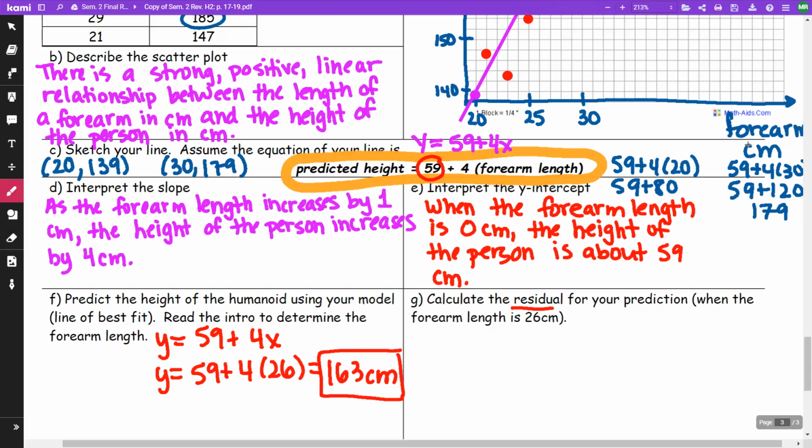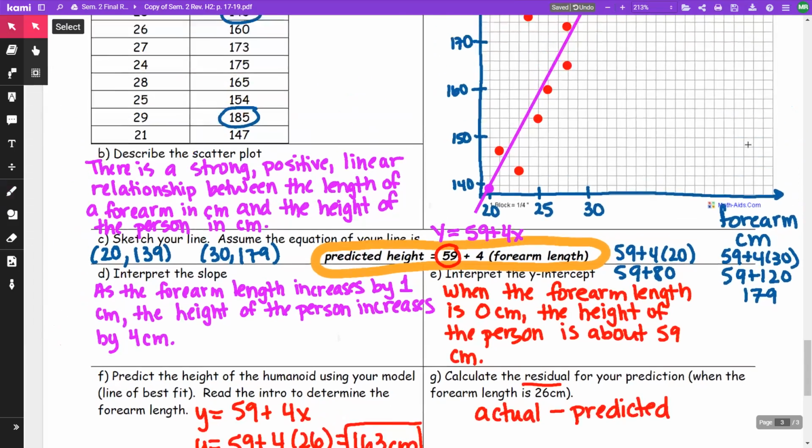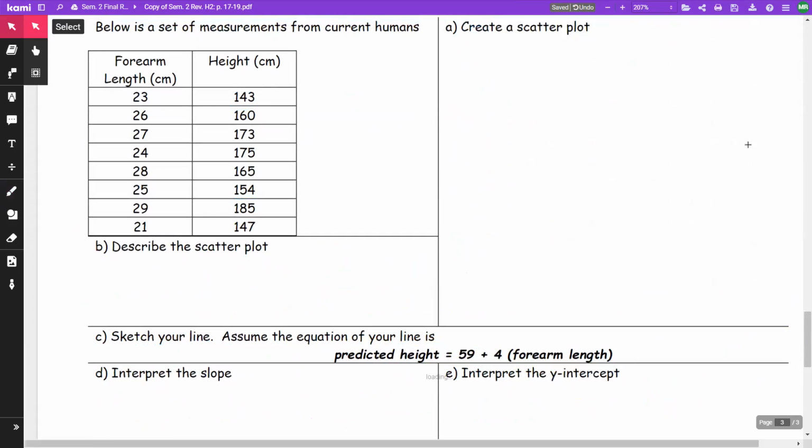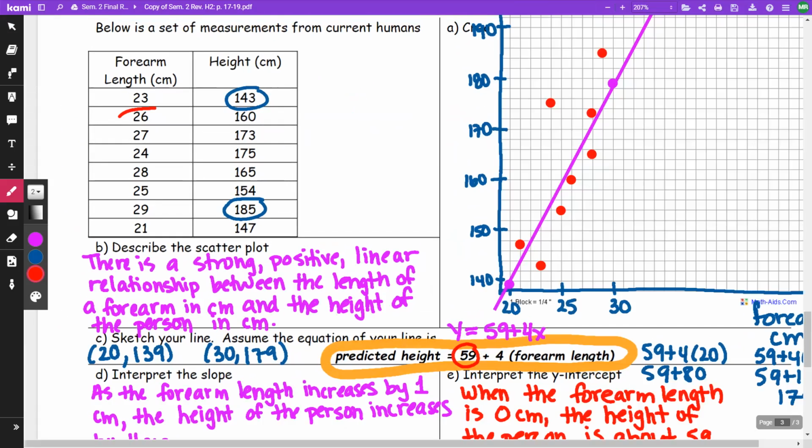Now, when they ask us for the residual, that is how far off we are. So we're going to take the actual minus predicted for a forearm of 26. The actual is going to come from our table. So I need to look at the table and see where we have 26. So 26 is 160 centimeters.